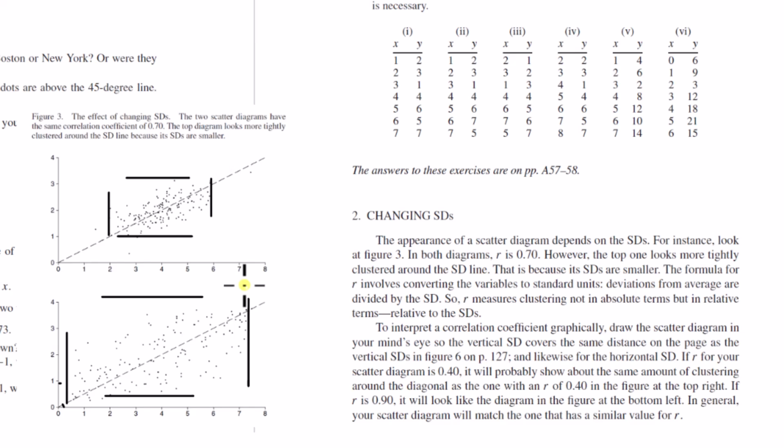Well, because the correlation coefficient is based on z-scores, which is relative to standard deviation, and this is going to have a bigger standard deviation than this, you have more freedom for the data points to spread out a little bit from the SD line, because again, it's relative, right?